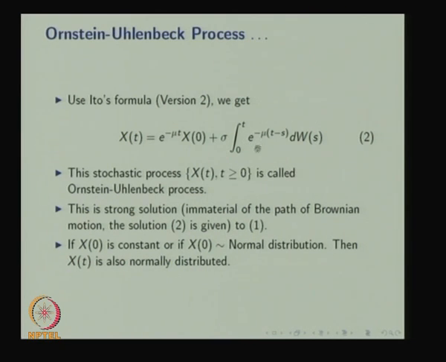We have already discussed as an example how to solve the Ito integral when the integrand is a non-random function. So, you can refer to that example and you can get the solution. And this is a strong solution, immaterial of the path of the Brownian motion, the solution for equation 1.